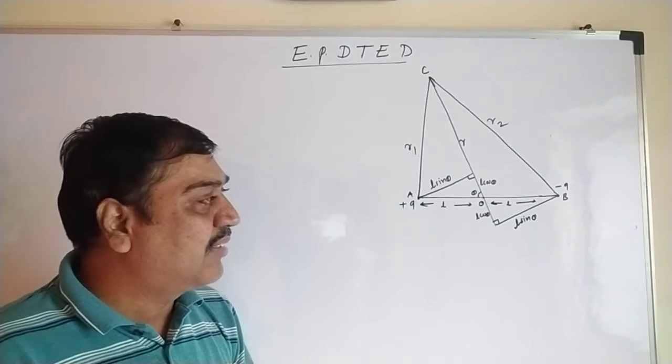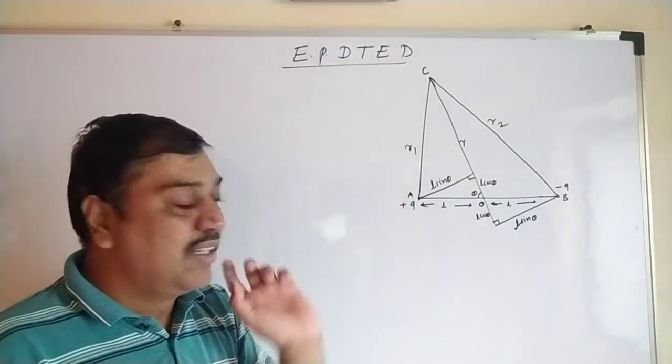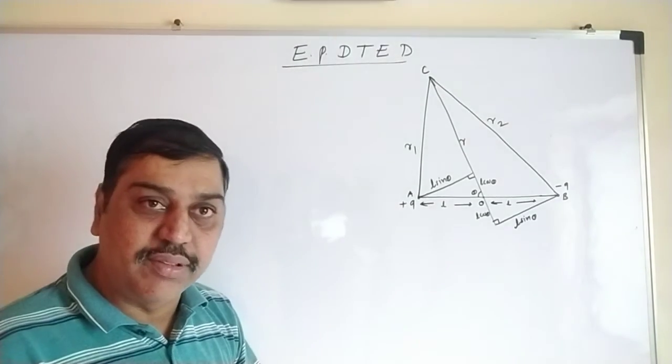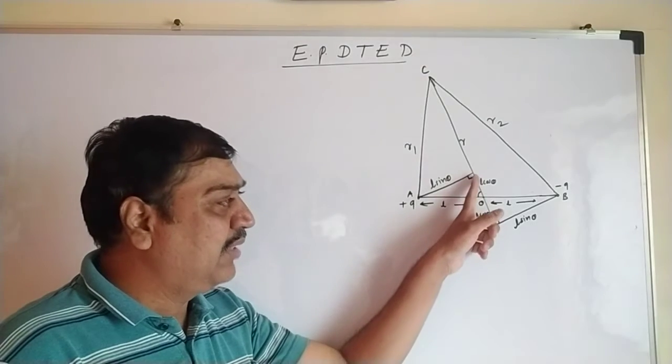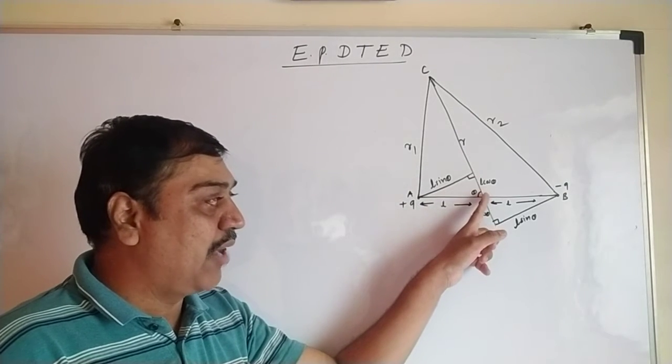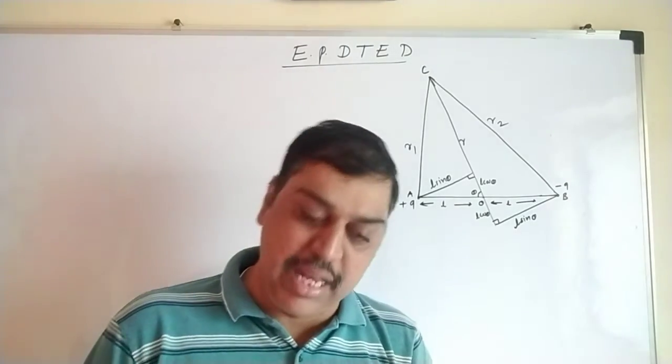If you find these sides, they come to be L sin theta and L cos theta. In your book they have not mentioned this side as L cos theta, but if you work it out, it comes to be L cos theta.